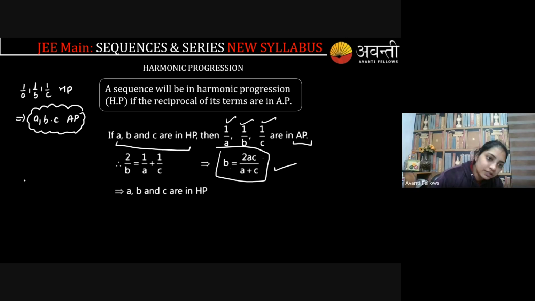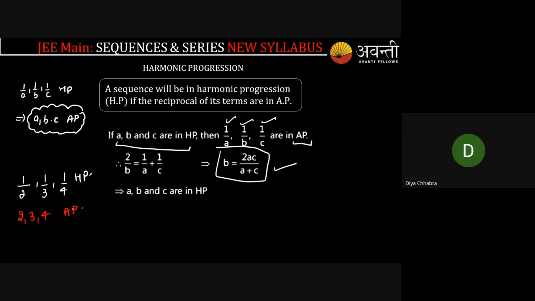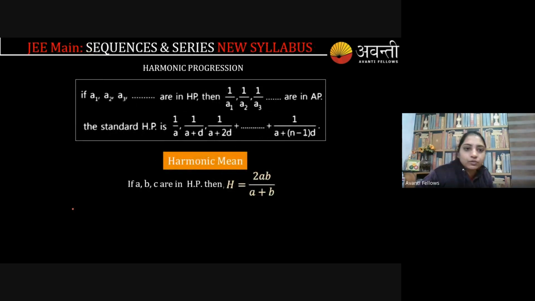Yes, ma'am. If you have 1 upon 2, 1 upon 3, 1 upon 4 in HP, how can I prove that? You will say 2, 3, 4 are in AP, right? Yes, ma'am. Clear to everyone? Okay. So if A1, A2, A3 are in HP, then the reciprocals of its terms are in AP.